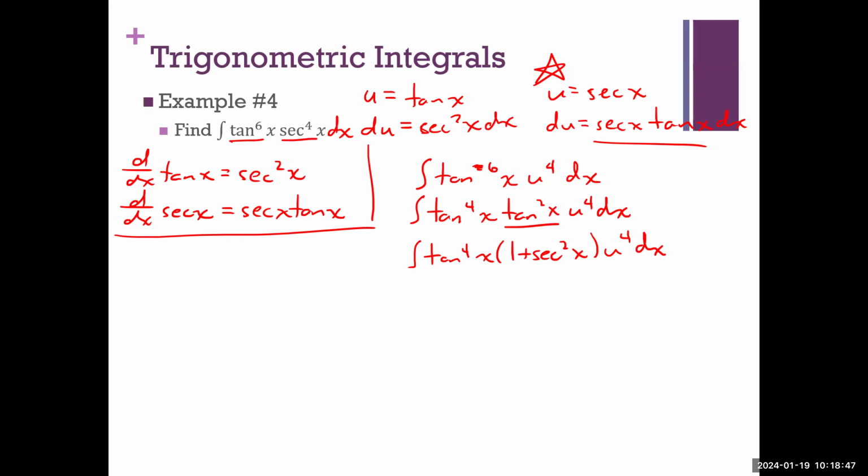Because the identity only goes to square. The identity only does squares, right? And what are my powers here? What's true about 6 and 4 that makes this impossible? They're even. They're multiples of 2. So because of that, I don't think I'm ever going to get to secant x tangent x.